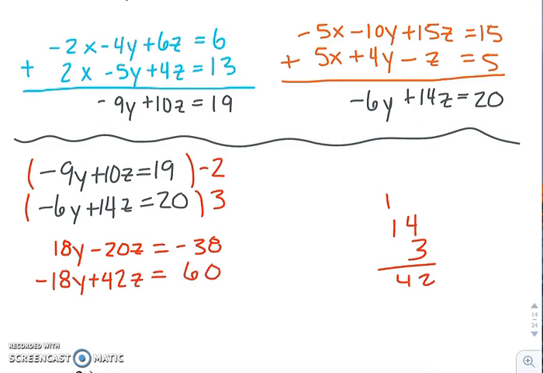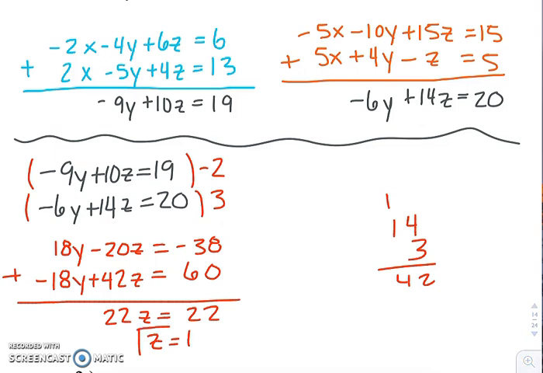Equals 60. And then add those guys up. So we get 22z equals 22, so we've got z equals 1.